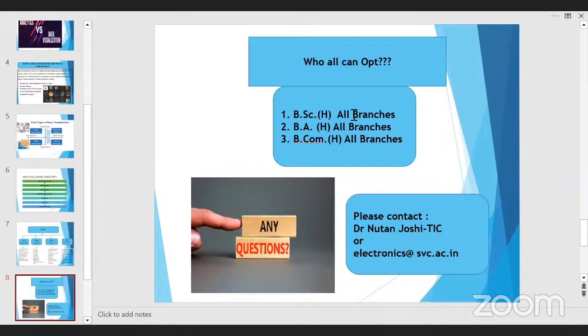All the BSc students can learn data science and data visualization techniques. The BA students can learn, the BCom students, almost every student can learn. It's more or less like a skill that one can have by learning these courses.